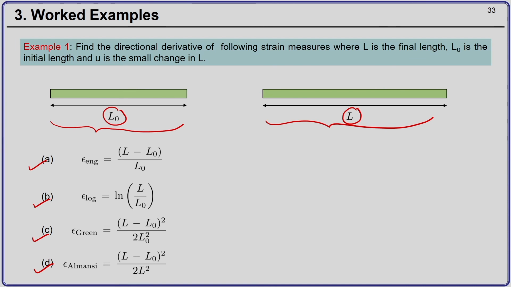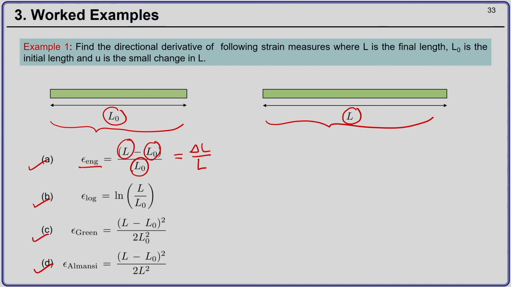The first definition of strain is called the engineering strain, which is nothing but the change in length, the final length minus the initial length, divided by the initial length. So, this is like delta L by L. That is the change in length divided by initial length, called the engineering strain.